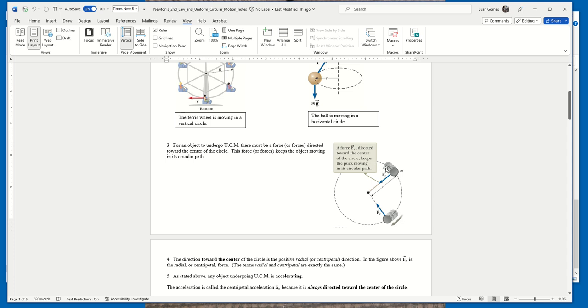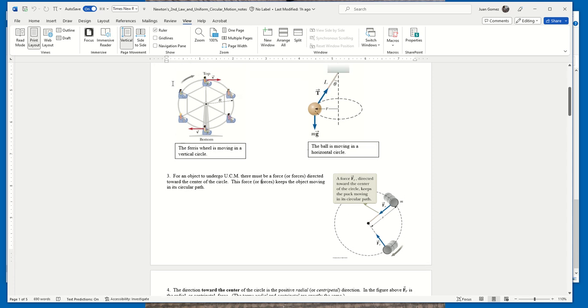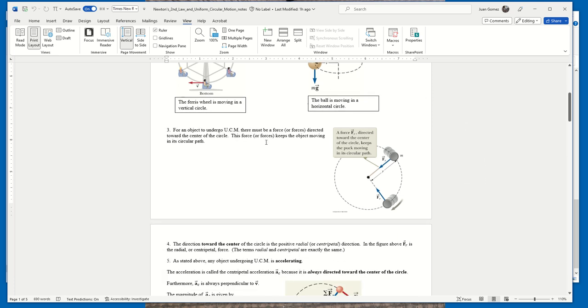That's simply telling you that when you're facing the page, the object is moving in a circle, it's moving clockwise. Likewise here, that shaded arrow means that the Ferris wheel is rotating clockwise. Here it doesn't really matter, it's in the horizontal circle. But there must be one or more forces that keep the object moving in a circular path.